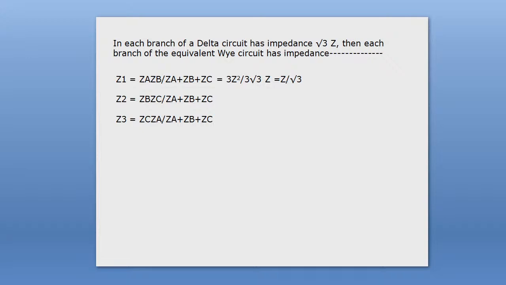Similarly you will get Z2 and Z3 equal to Z by root 3, because ZA, ZB, ZC are all the same, root 3 Z.